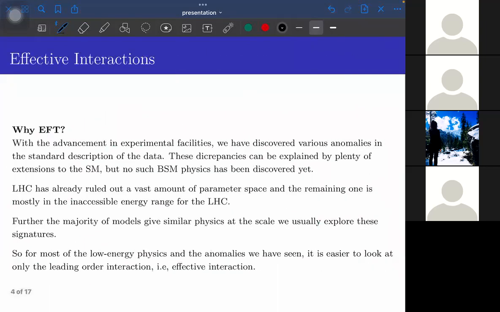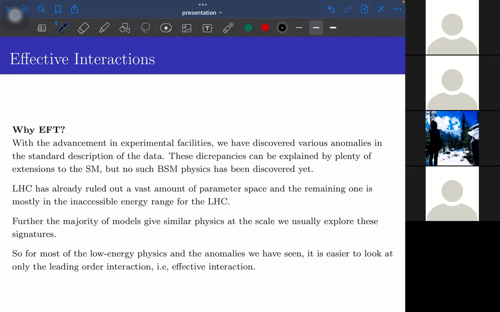Now why effective interactions? As we know, the standard model has been able to explain most of the experimental data that we are seeing, but there are still some that are not explained, say the low energy things, the RD, RK, and the g-2 anomaly. So people try to extend the standard model in order to explain these discrepancies also.